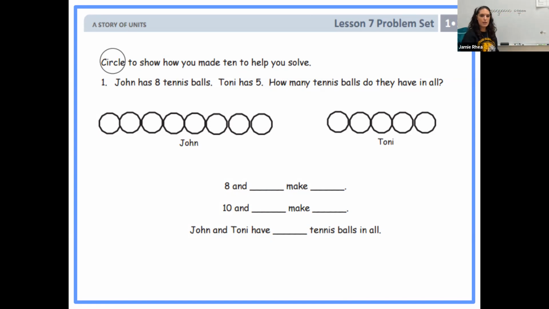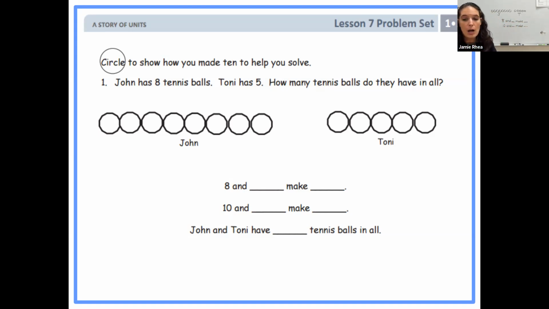Now, at the bottom, it says 8 and blank make blank. It also says 10 and blank make blank. Okay, I'm not going to do our statement yet because we still have to figure this out.